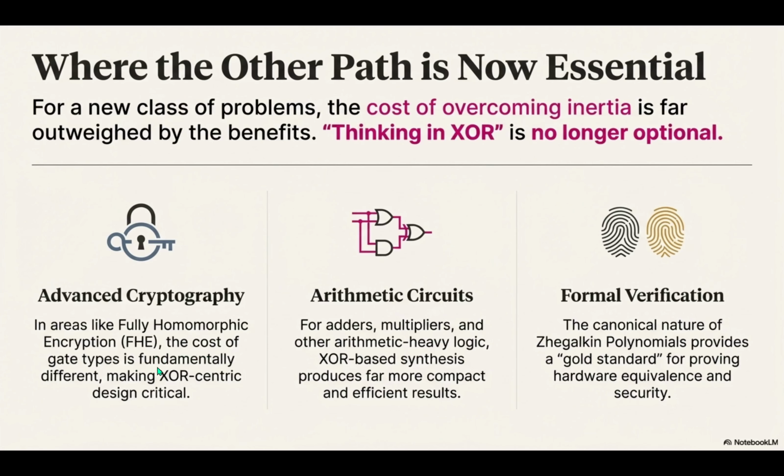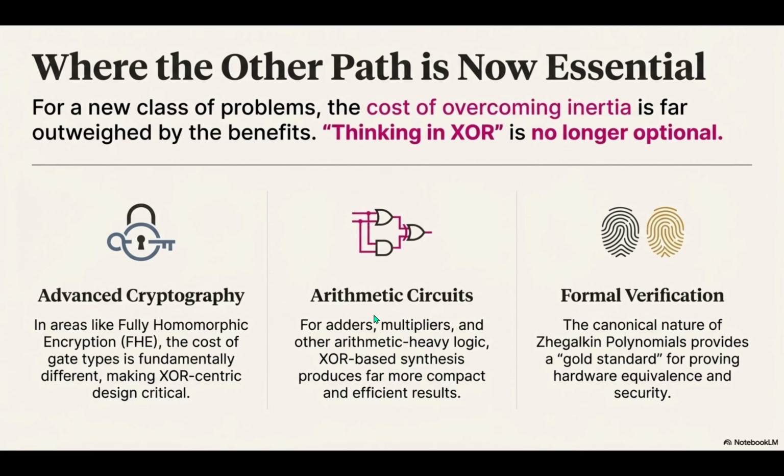Performing computations directly on encrypted data without ever decrypting it. It is the holy grail. And the reason the XOR ratio is so important in FHE is that for protocols like this, the AND gate is vastly more expensive than the XOR gate. More expensive how? The AND operation intrinsically creates a significant amount of noise or error in the underlying cryptographic scheme. And that noise is really expensive to manage. It requires complex, resource-intensive cleanup operations.